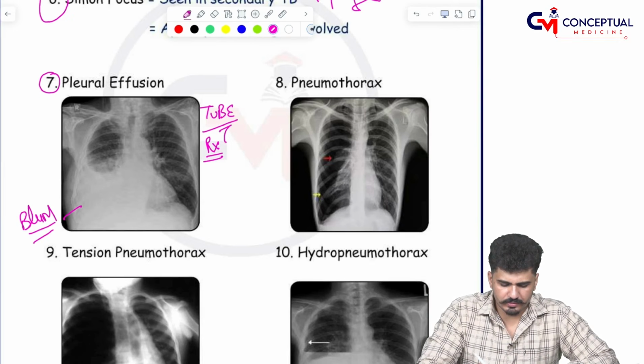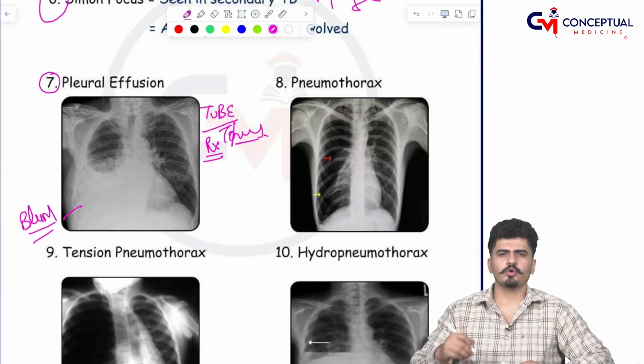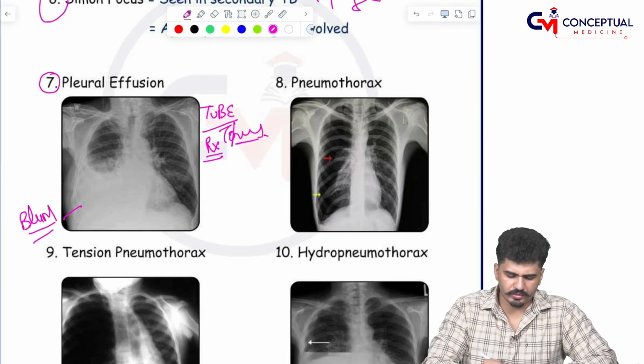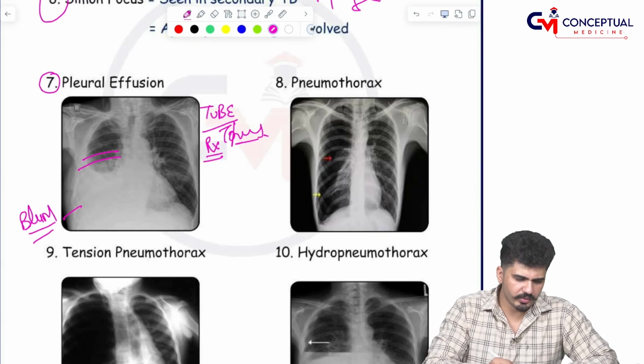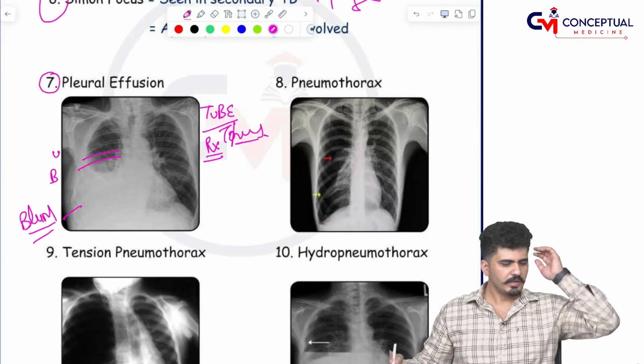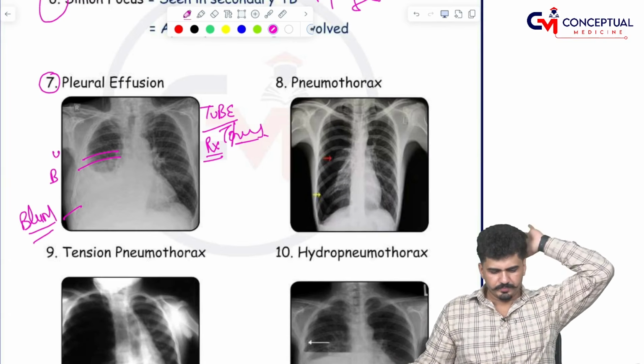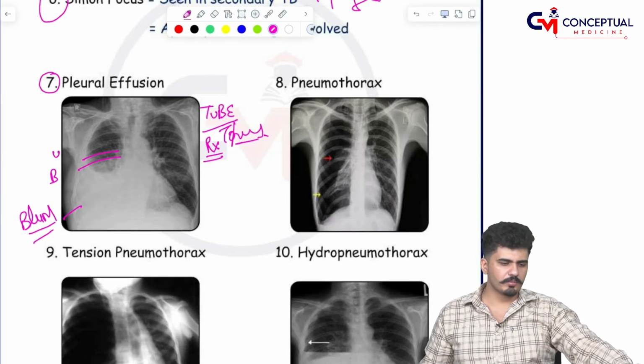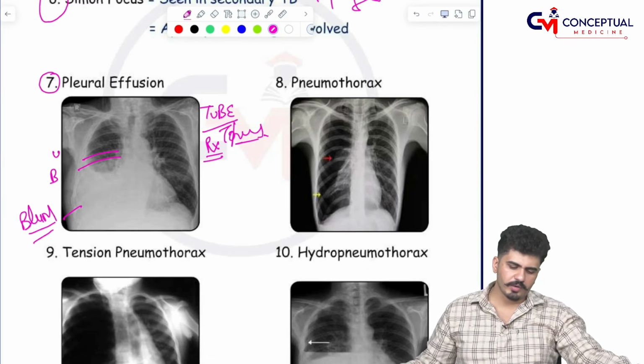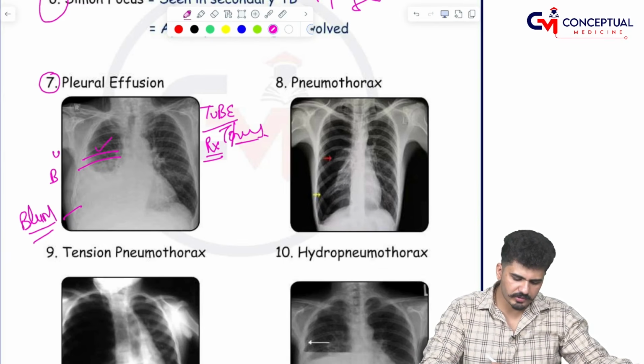How are you going to do the tube thoracostomy? If this is a rib, are you going to go for the upper border or lower border? You are going to go from the upper border, because on the lower border the neurovascular bundle is present.